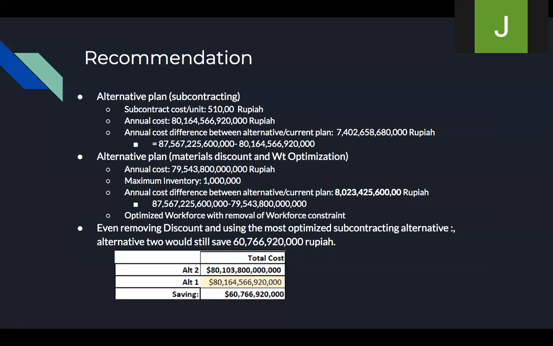Now, comparing this alternative with the discount contract to our first alternative with the subcontract, or the optimization of the subcontracting overtime resources, where subcontract cost is around 510,000 per unit, Quicktronics would still have an annual savings of 60,766 billion rupees. It also allows them to deal with demand forecast errors, as their monthly production could maximize to 20 million compared to 13.34 million in any given month.